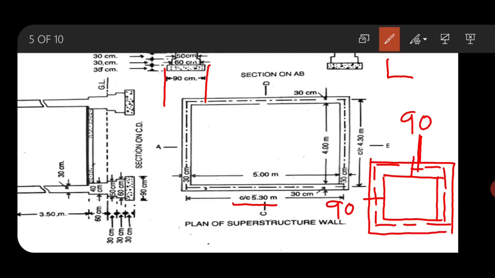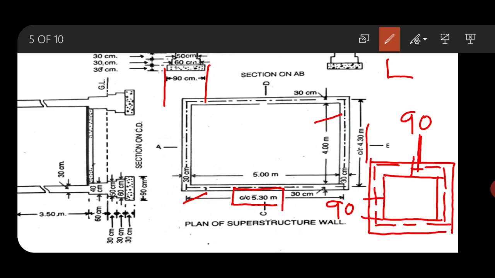And the center to center length for this side is considered as long wall and this one is considered as short wall. So as we have already found out that this center to center length of long wall is 5.3 and center to center length of short wall is 4.3. So this will remain same.